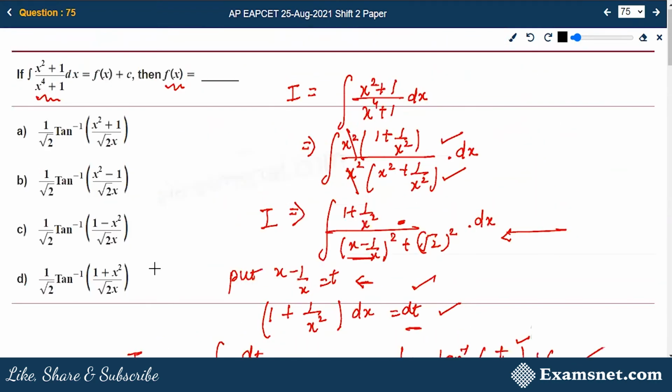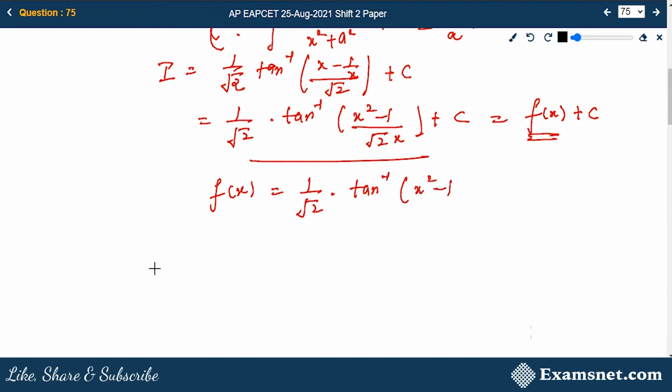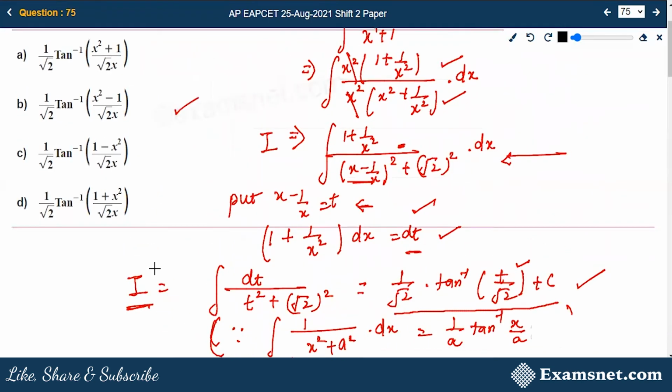So you can clearly see f(x) is equal to 1 by root 2 tan inverse (x square minus 1) upon under root 2 x. So this is your answer, and it matches the option 1 by under root 2 tan inverse (x squared minus 1) upon under root 2 x. Let's go to the next question.